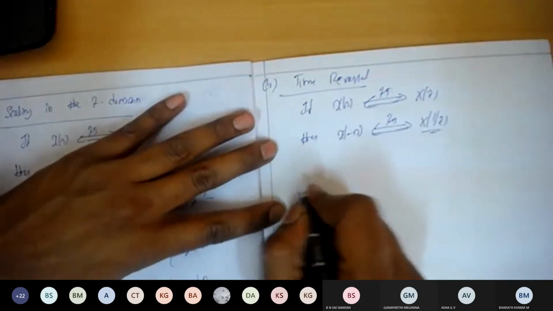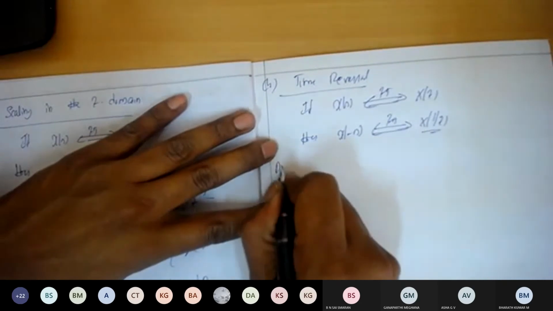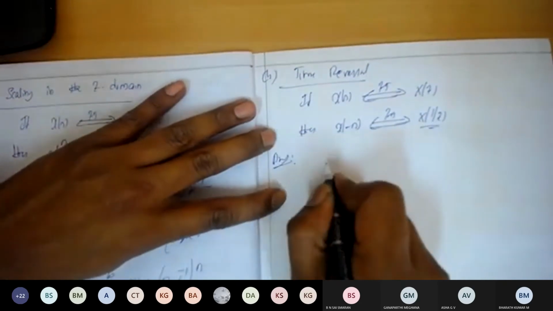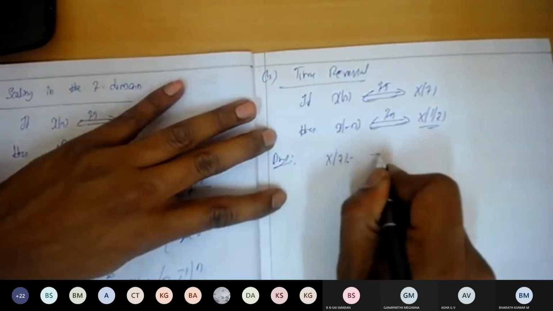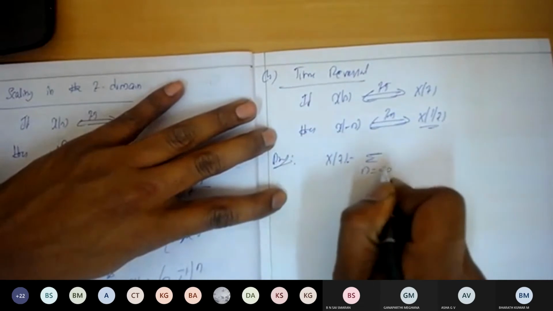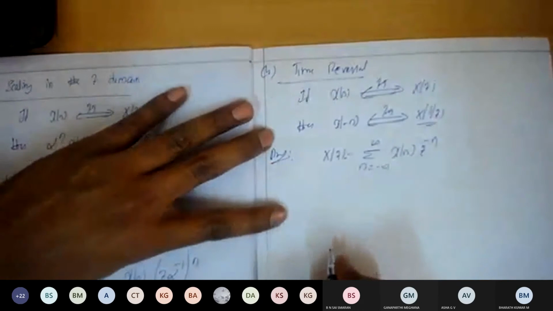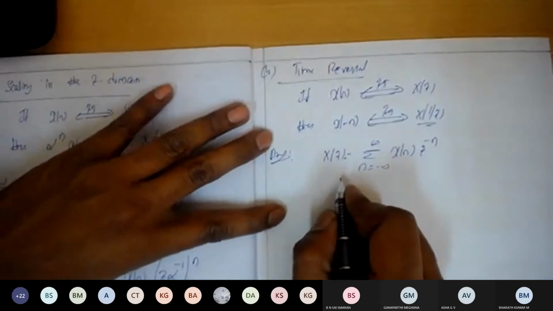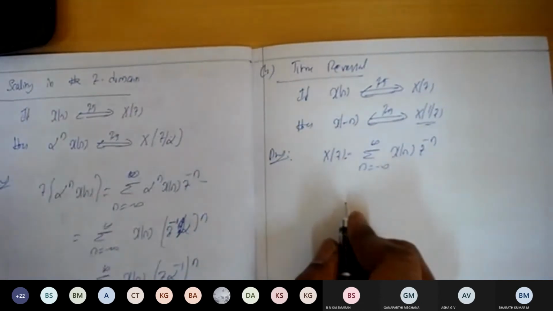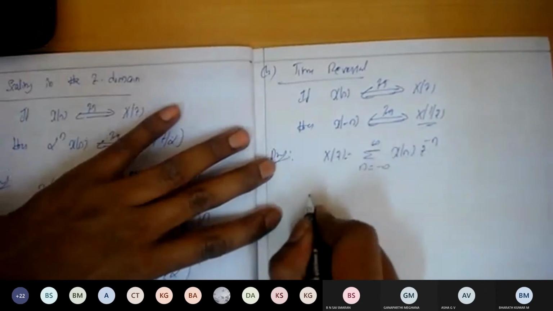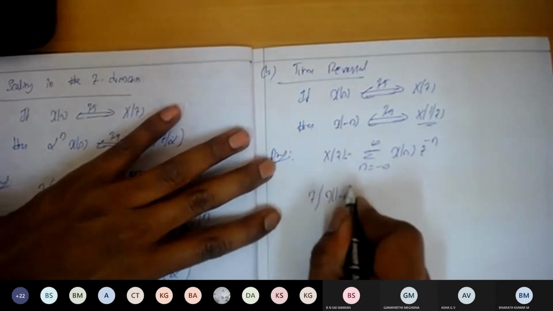So we'll consider the proof of this one. The x of z is nothing but we have the formula summation x of n into z inverse. Now we'll consider the z transform of x of minus n.